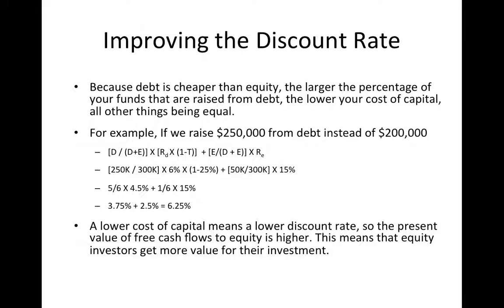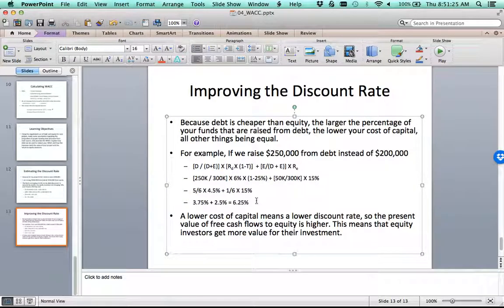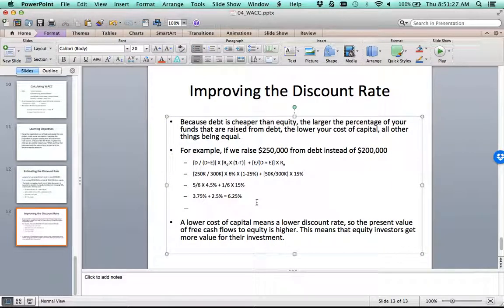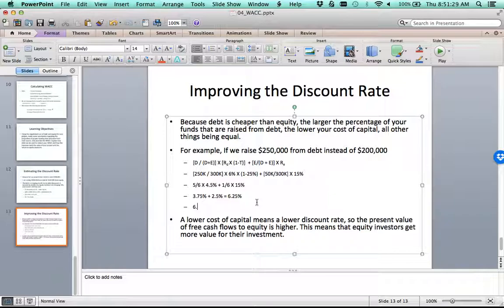times. And so, whereas before we could have, again, I'm just going to go ahead and add these in here. So we could have said, 6.25% times 300,000 equals 18,750.